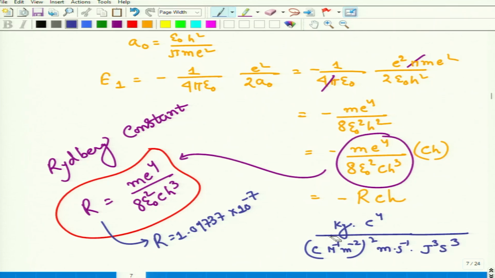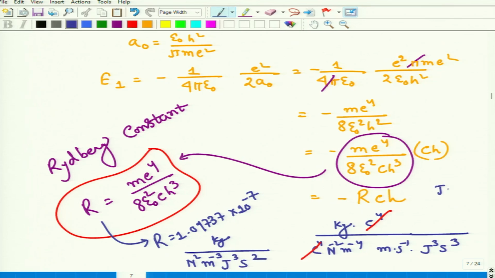So it should be coulomb to the power 4 minus 4, and Newton to the power minus 2. Now C to the power 4 will be cancelled out, and it will be kg divided by Newton square meter to the power minus 3 joule cube second square, right?